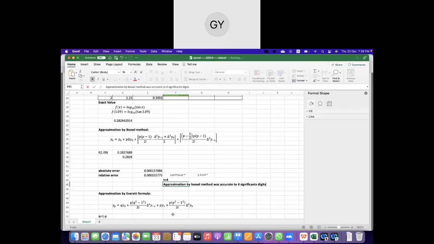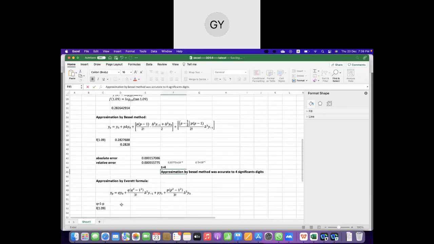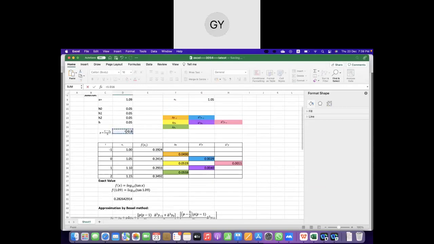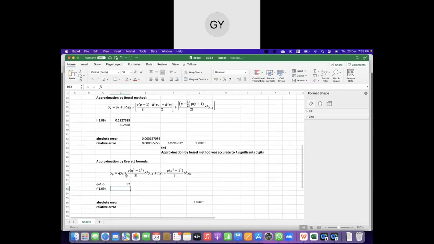The Everett formula is like this. Before we start inserting the formula, we need to find the Q value. The Q value formula is 1 minus P, so it equals 1 minus 0.8. Enter, then Q is 0.2.